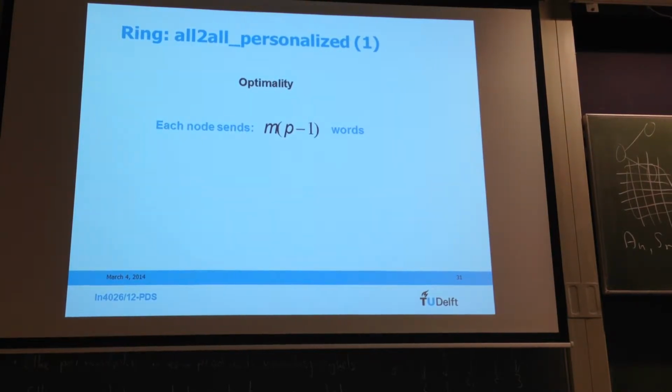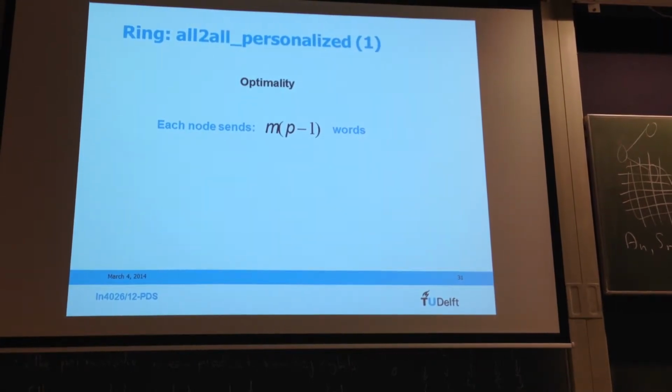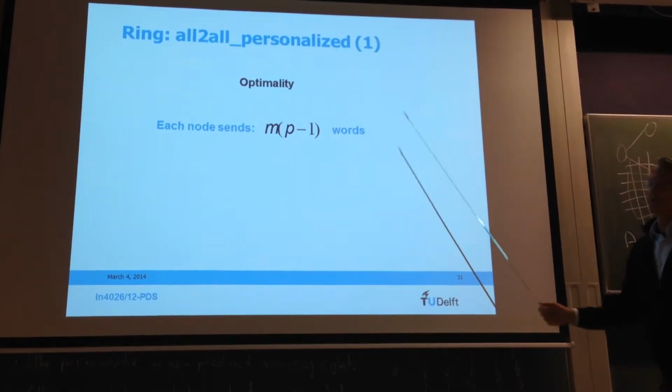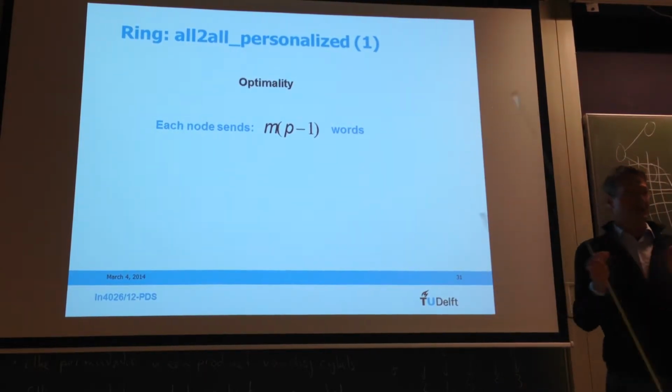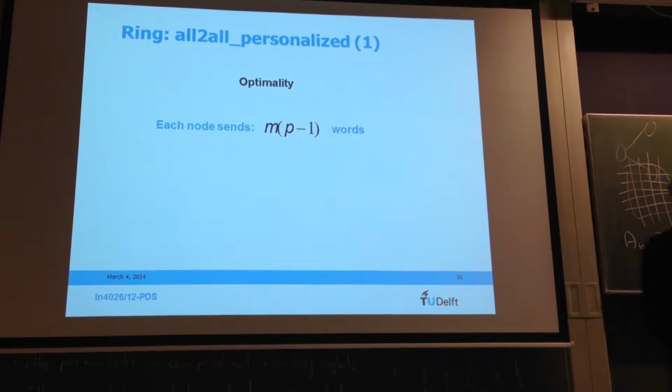And this argument goes like this. Each node in this system sends m times p minus 1 words at the first step, right? And then it strips one word at a time, which is equivalent to sending these m times p minus 1 words to half of the nodes, right?